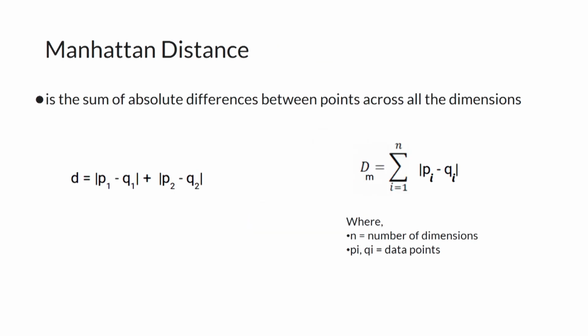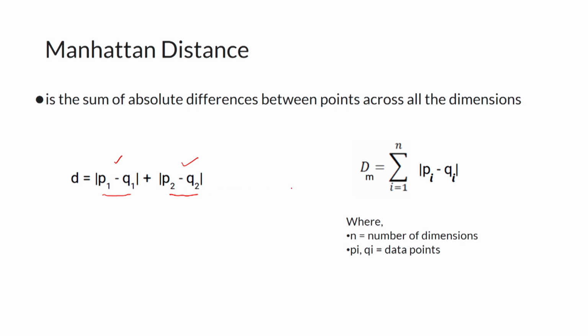Now, there is another distance metric, that is Manhattan distance. If we want to find the similarity between two instances, we can use Manhattan distance also. It is the sum of absolute differences between the data points across all the dimensions. This is the first dimension, this is the second dimension: mod of P1 minus Q1 plus mod of P2 minus Q2.